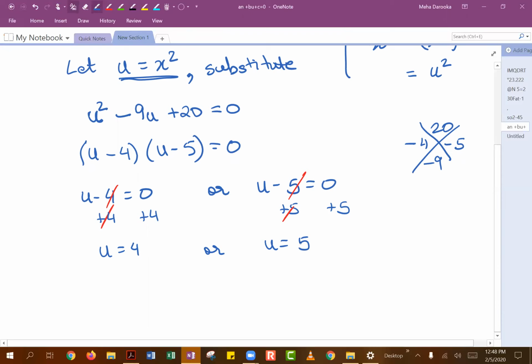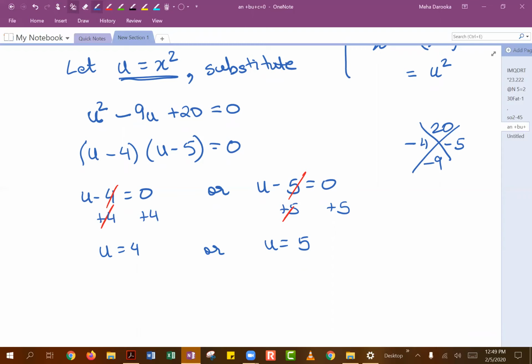Yes, you will need to, because our original variable was still x. So this was just to clean it up a bit. After our substitution, we had u squared minus 9u plus 20. We used factoring to break it down: -4 times -5 gives you positive 20, and -4 plus -5 adds up to -9.